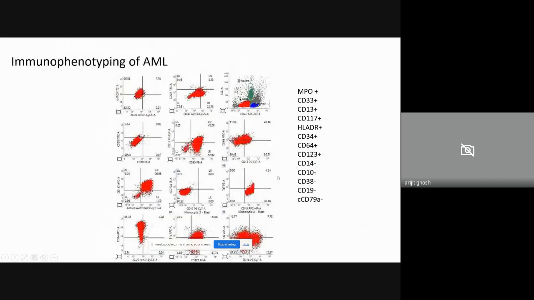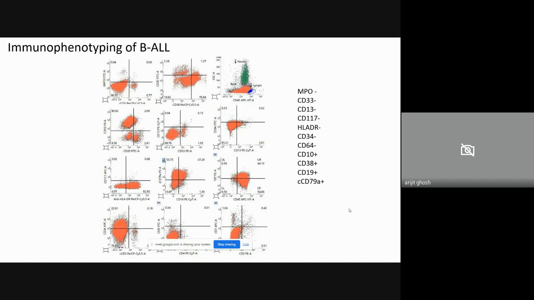Due to which this patient was diagnosed with AML, acute myeloid leukemia. And you can see that the lymphoid markers are negative, CD10, CD19, CD79A, cytosolic CD79A also negative. That is why it was an AML case.